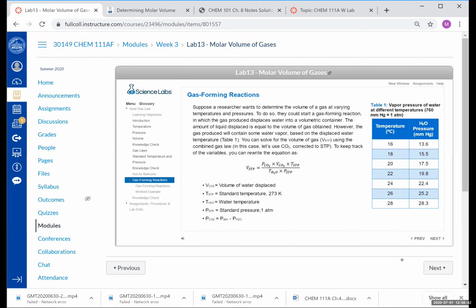As we can see in table 1, we have the vapor pressure of water as a function of water temperature. Does everyone see where we're getting these values from? Can I get a response in the chat just to make sure everyone can see this table and understand where I'm going to pull these vapor pressure values from? Okay, perfect.